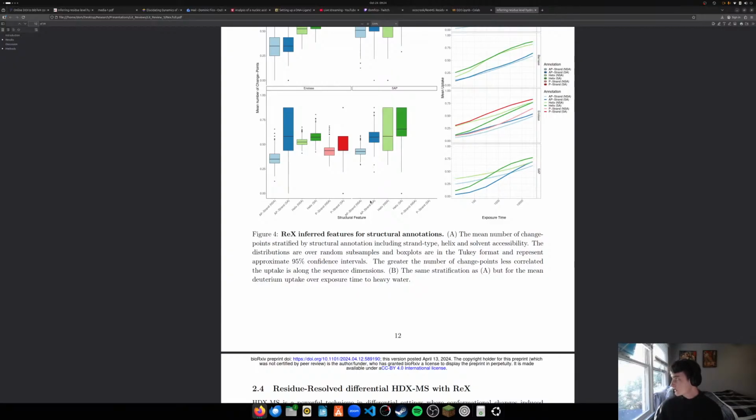You could actually pre-train the model on that. I don't know how that'd work actually. Secondary structure is kind of already a feature to some degree.